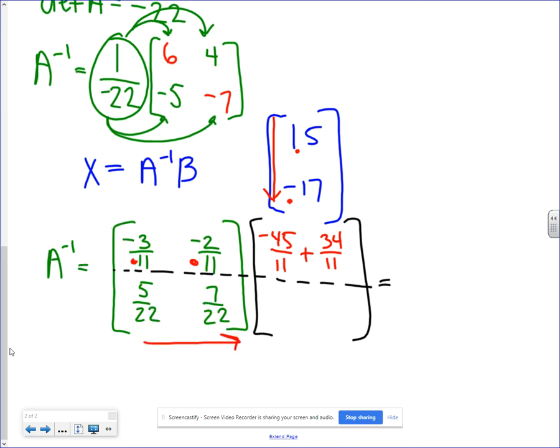So let's use this row now. 5 over 22 times 15 is 75 over 22 plus 7 over 22 times negative 17. It would be negative 119 over 22. Okay, so let's add these together. Negative 45/11 plus 34/11.